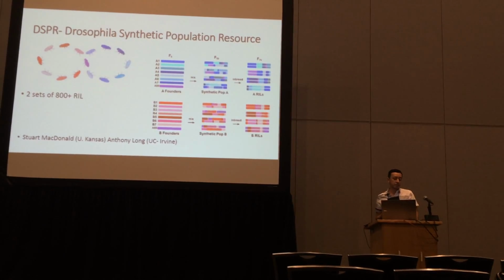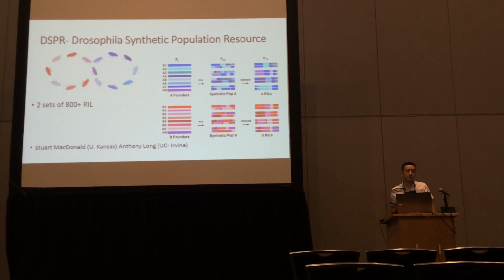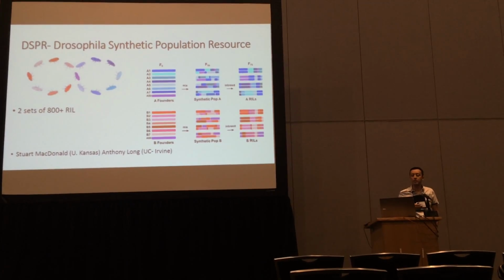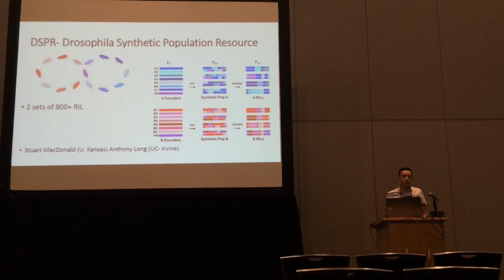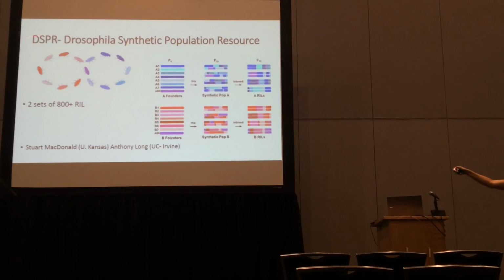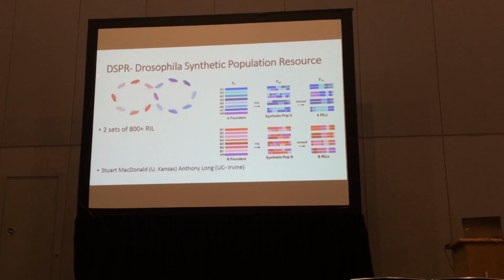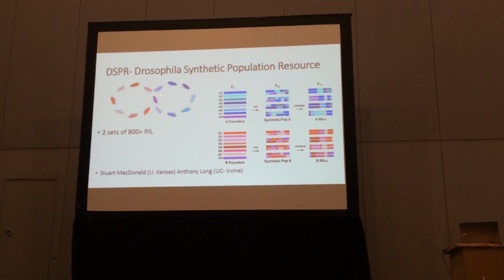So in the study I'm presenting today, we used a different mapping panel. This is the DSPR, the Drosophila Synthetic Population Resource, and this is how this panel was developed. They have two panels, panel A and panel B, and for each panel they started with 8 founder lines. These were inbred lines.